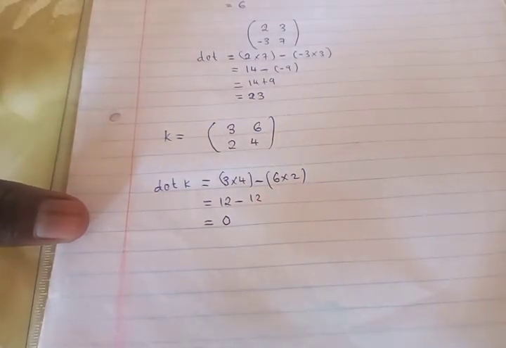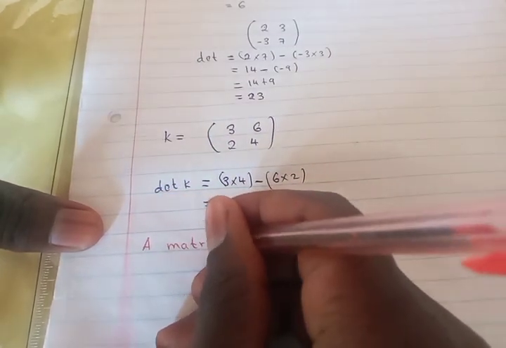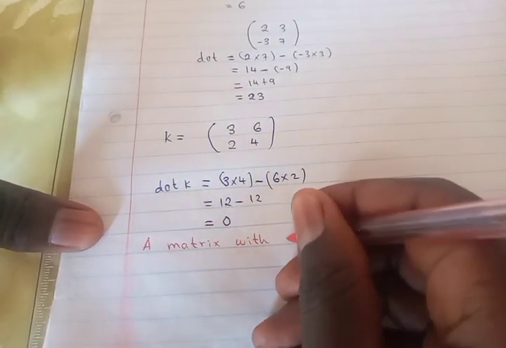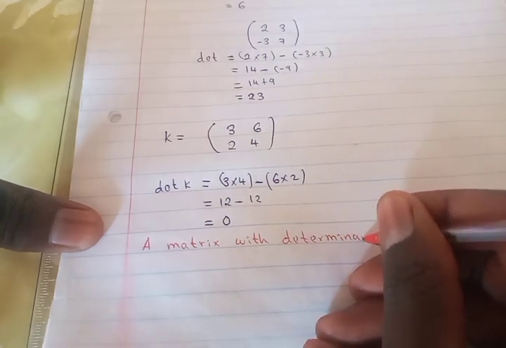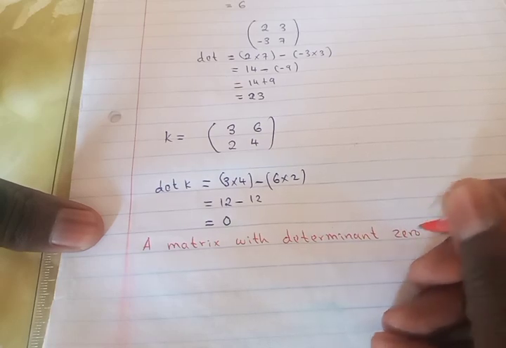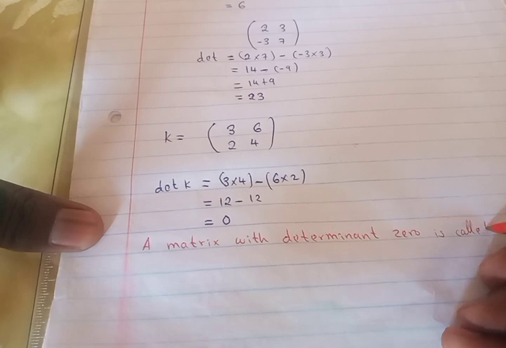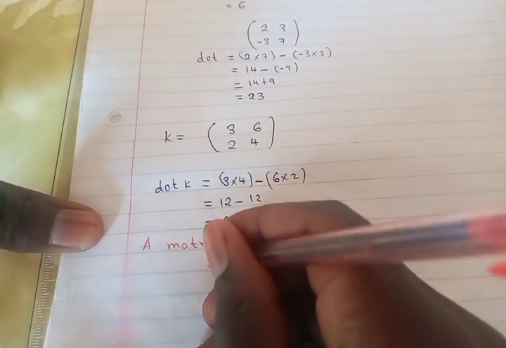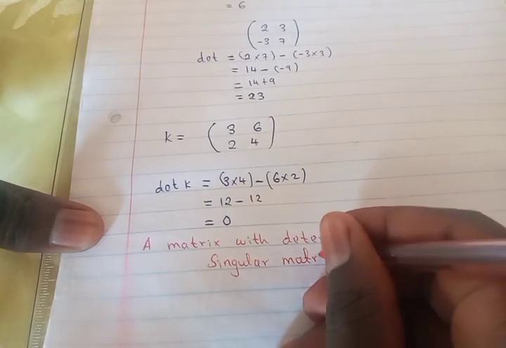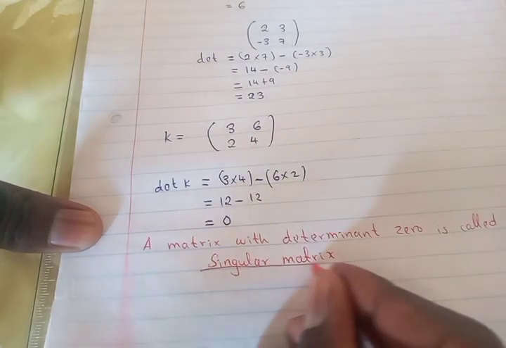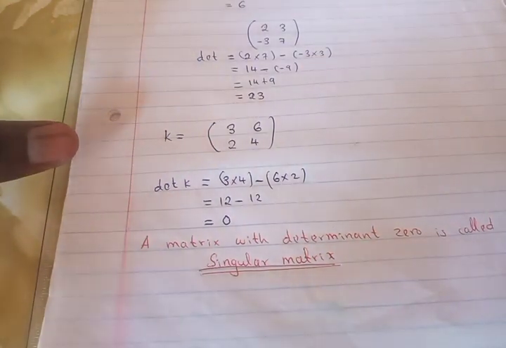So a matrix with the determinant 0 is called a singular matrix.